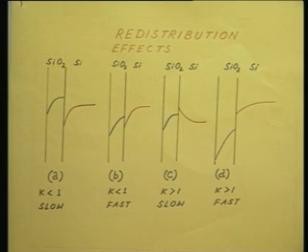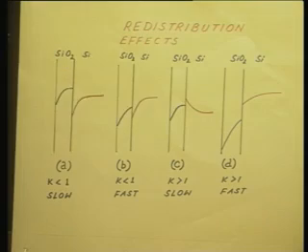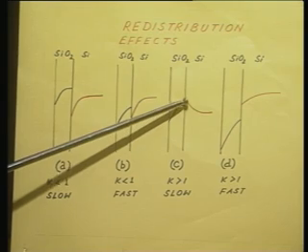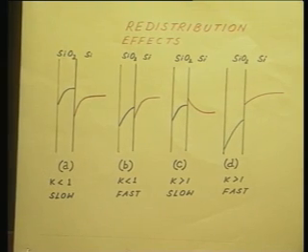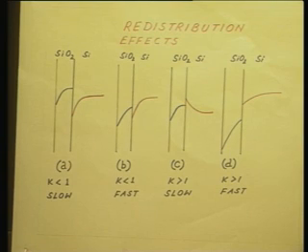The situation that you are expecting is case C, right? This silicon is heavily doped with phosphorus. So, at the interface, what do you expect? At the silicon-silicon dioxide interface, you expect a pile up of phosphorus.